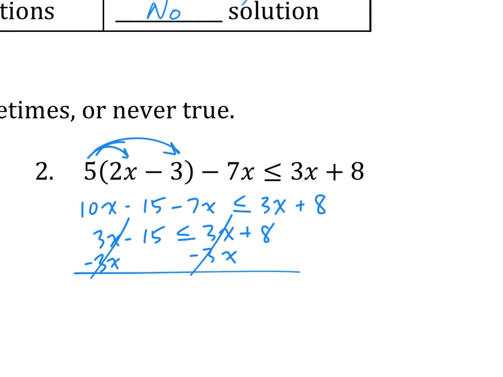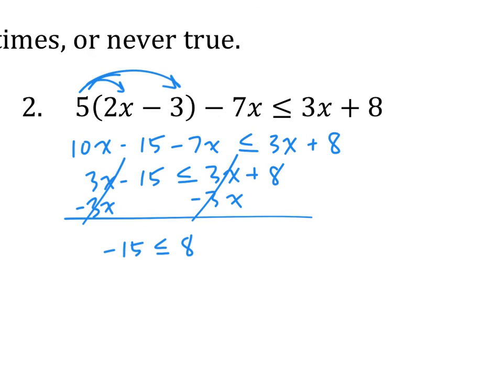That is true. Now, some of you will look at this and say, wait, this doesn't make any sense. Negative 15 is less than 8, but is not equal to 8. So then you may be stuck thinking this must be sometimes true, because it's only true when negative 15 is less than, but when we talk about equal to, it's not true. Well, let's write this out in sentence form.